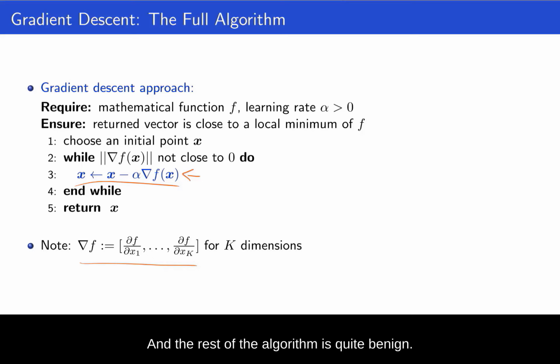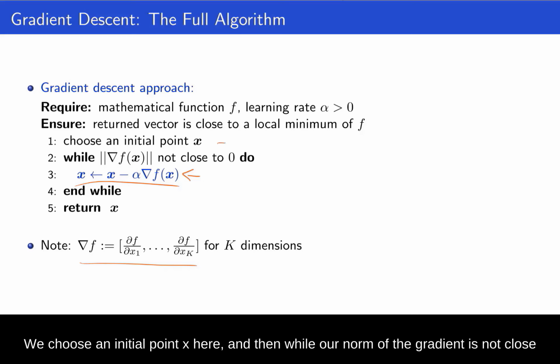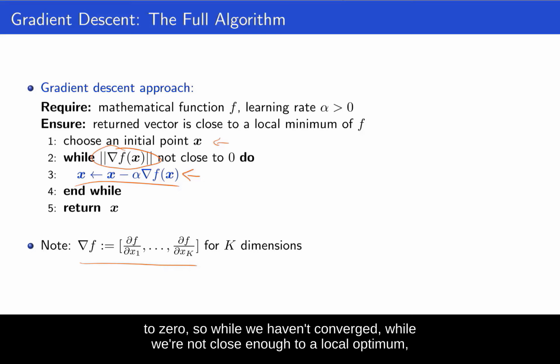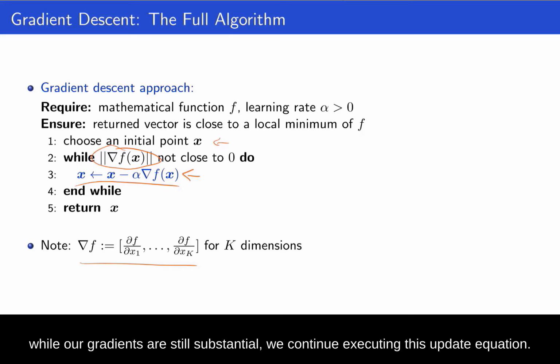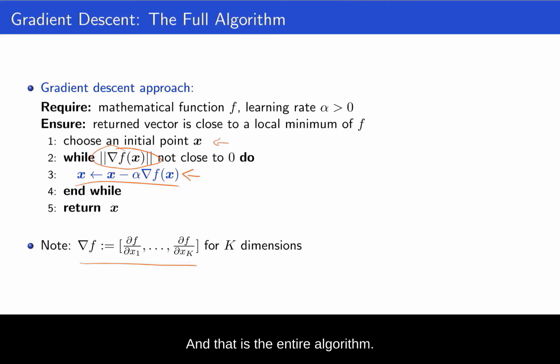And the rest of the algorithm is quite benign. We choose an initial point x, and then while the norm of the gradient is not close to zero, so while we haven't converged, while we're not close enough to a local optimum, while our gradients are still substantial, we continue executing this update equation. And that is the entire algorithm.